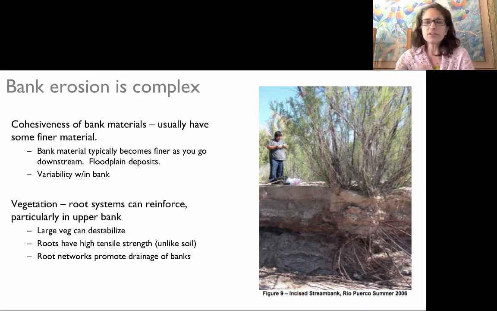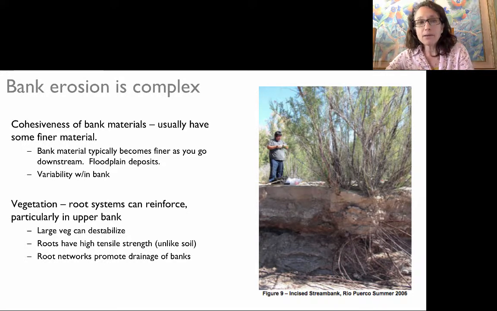All right, so one of the other challenges with protecting banks and figuring out bank erosion is that it's a complex process. And there are two factors that can really confound our ability to estimate how much banks are going to erode, or to kind of have an idea of what's going to happen, or to measure, predict bank erosion rates.